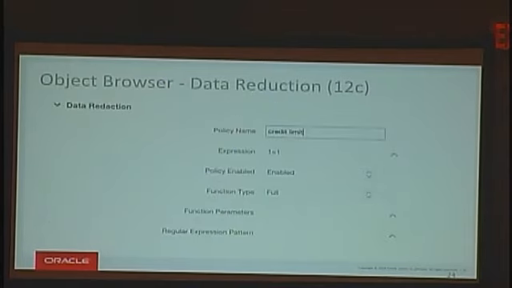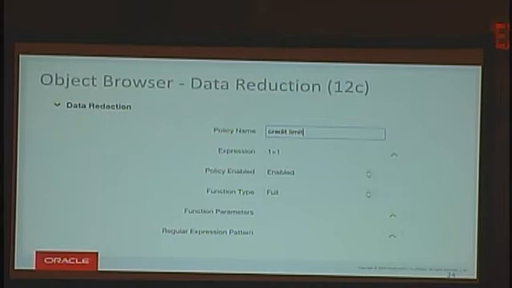Another feature we have introduced is data redaction, where you can mask your existing data depending on different conditions. My local one is an XE system, which doesn't expose that, because again, it's a 12c feature.